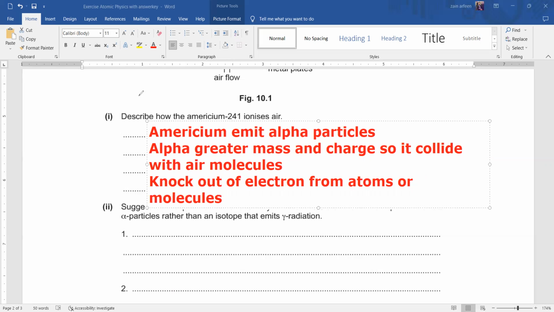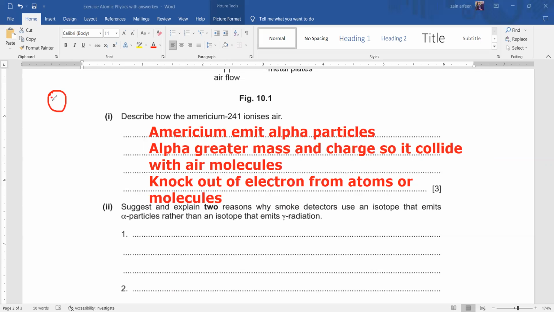So what actually happened? The americium is emitting an alpha particle, which is 2 protons and 2 neutrons. And there are air molecules. This dot represents a nucleus, then the shells, and they have electrons. When these alpha particles collide or interact with an atom, they knock out this electron. They remove this electron.